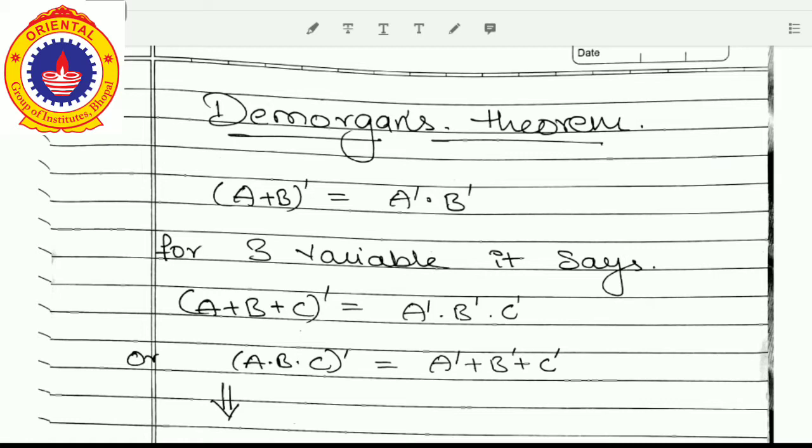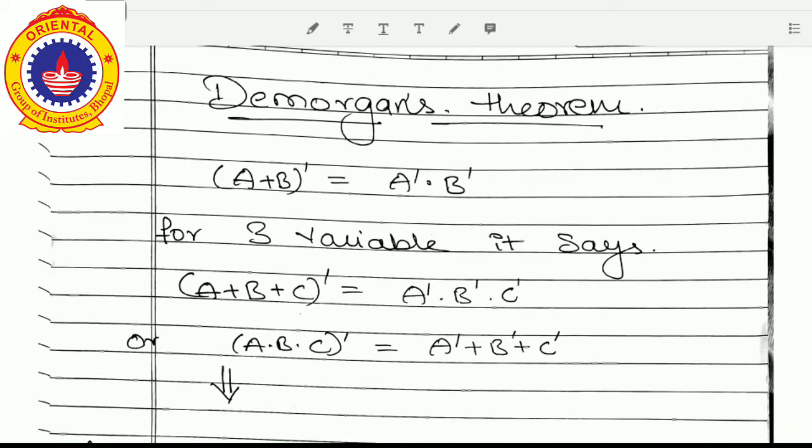I showed you how to verify the truth table of the OR gate, and that we can follow a similar procedure to verify the truth tables of other logic gates as well. Today's experiment, experiment number 2, is about the verification of De Morgan's theorem using logic gates.